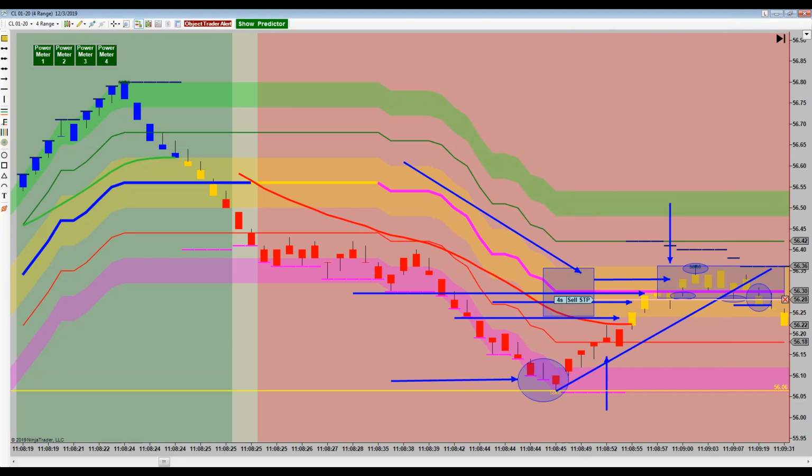What would be a scalp target, or the first target, and where do you want the market to go from this short?